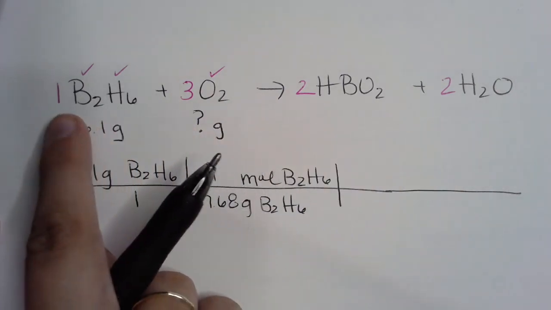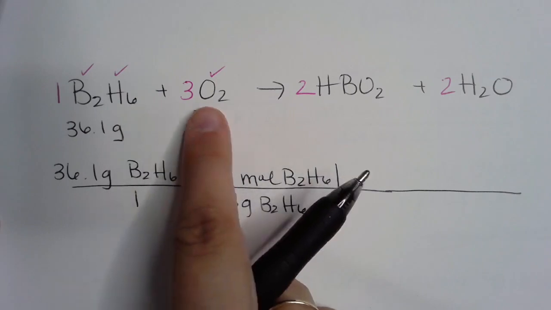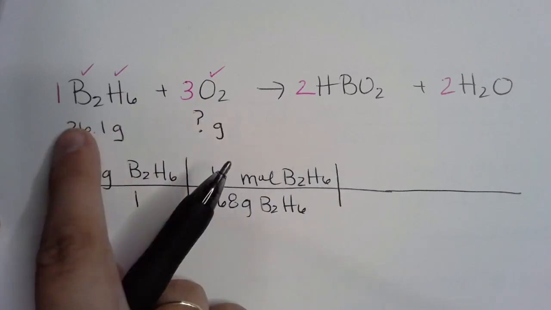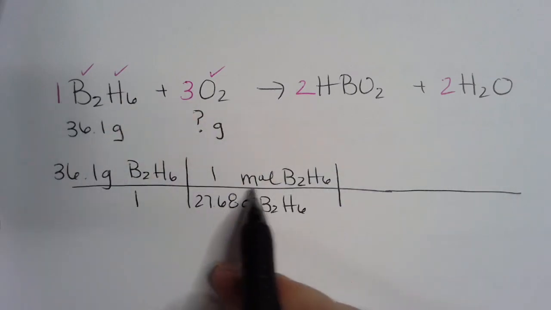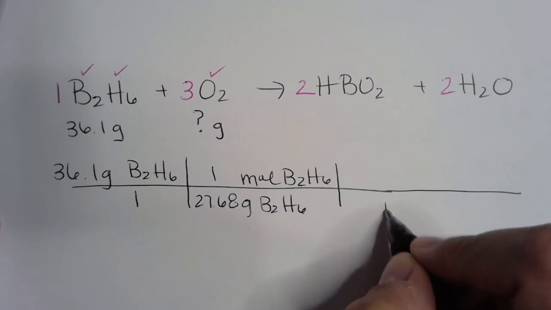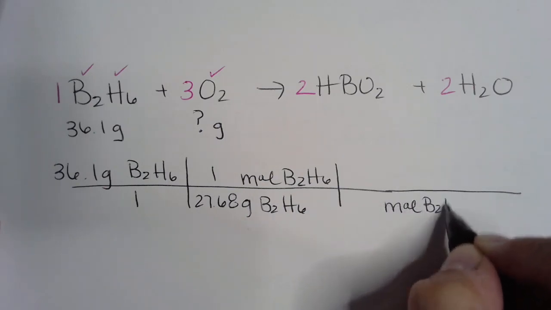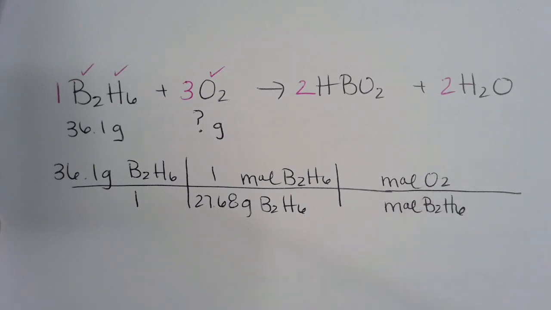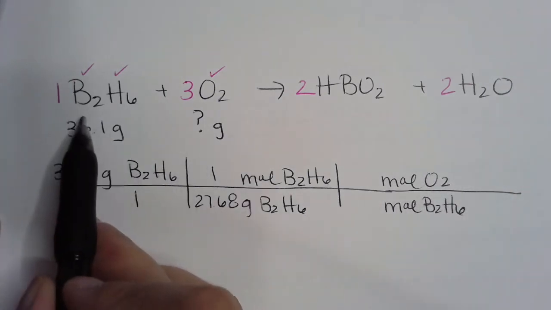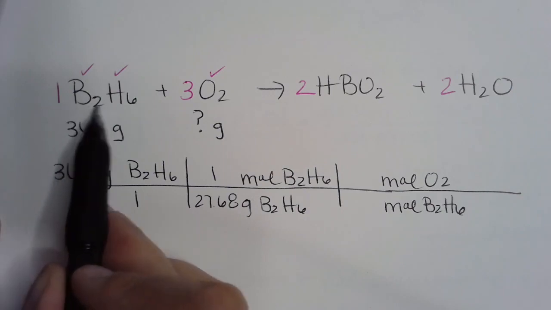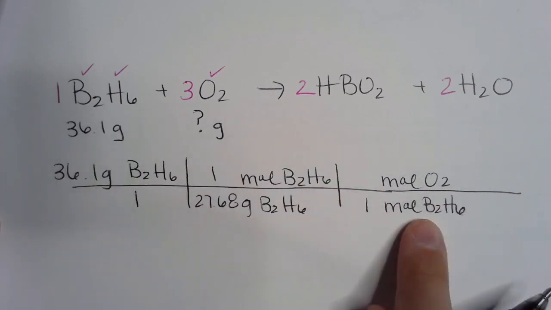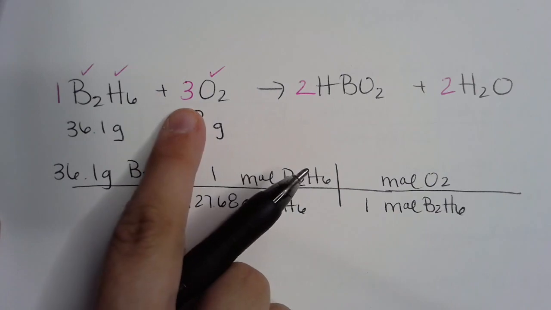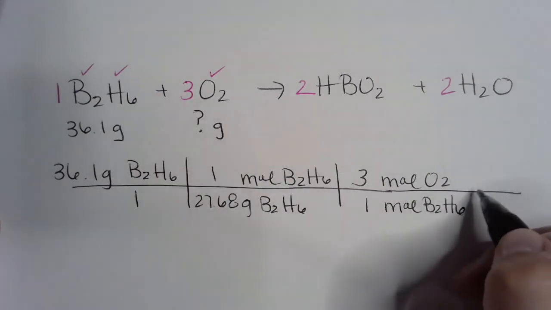So these numbers are what we're going to use to relate these two reactants to one another. Whatever unit's up top, I'm going to bring down. And let's relate that to moles of oxygen. And if I look at this balanced equation, 1 mole of this compound will react with 3 moles of oxygen.